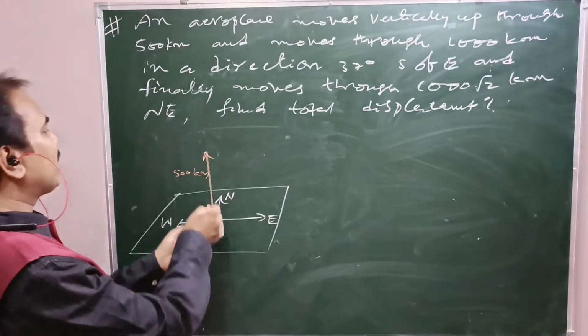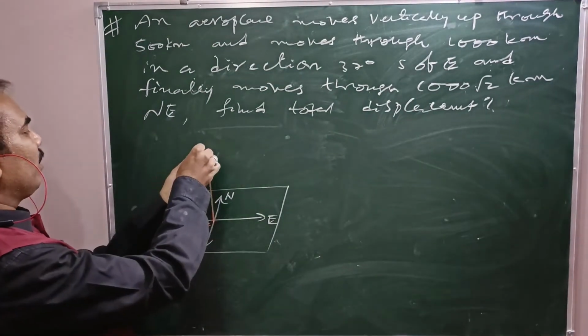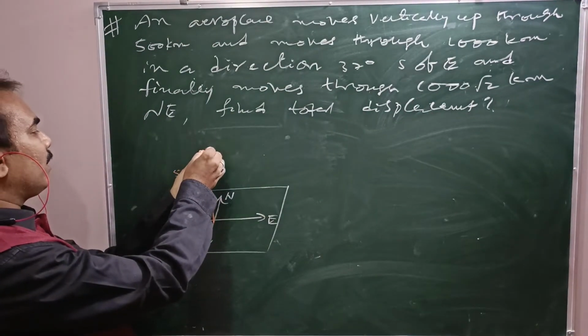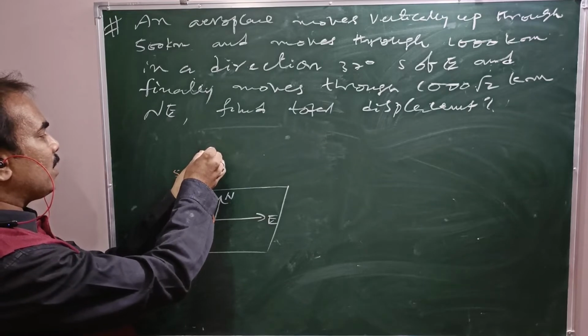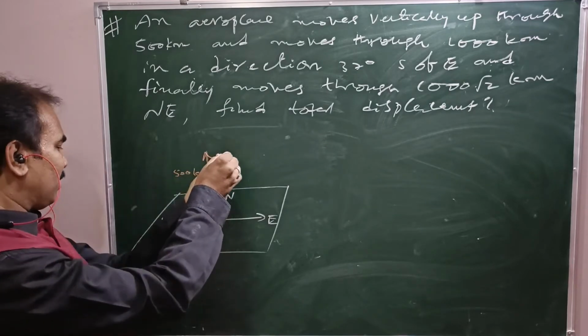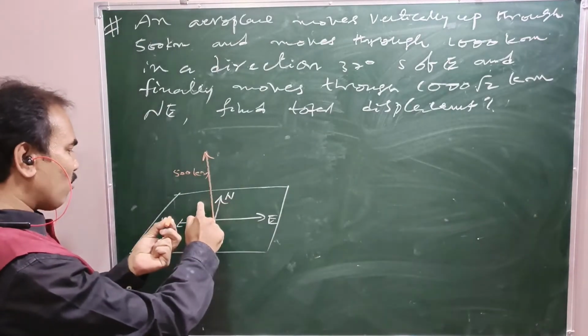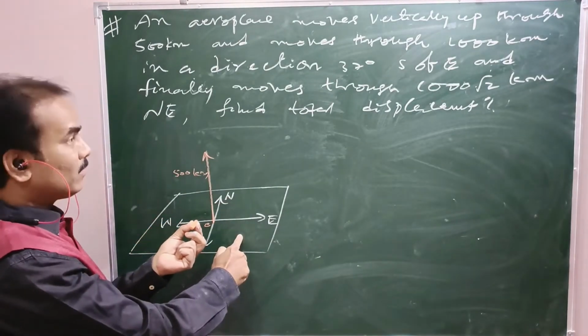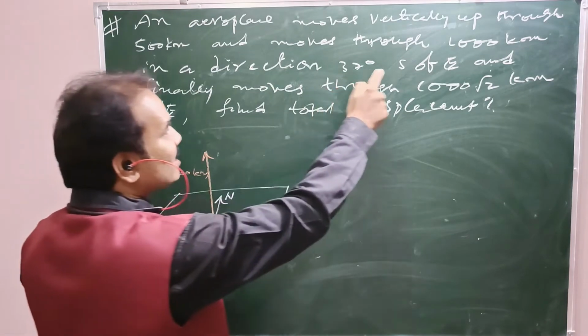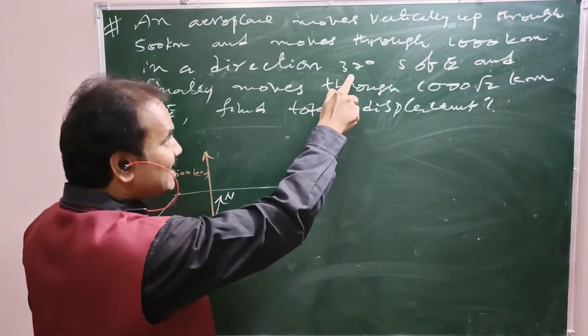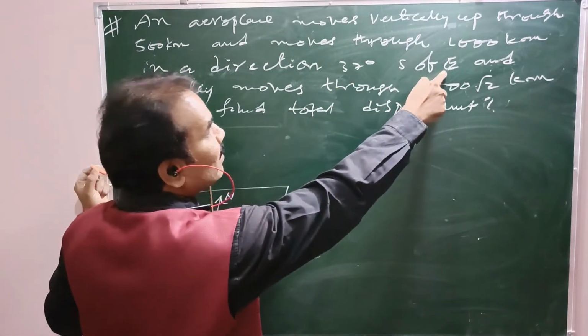See, it moves vertically up. Okay, from which it moves in a plane containing the fourth quadrant. See, first quadrant, second quadrant, third quadrant, fourth quadrant. 37 degrees south of east means that 37 degrees is taken with east.